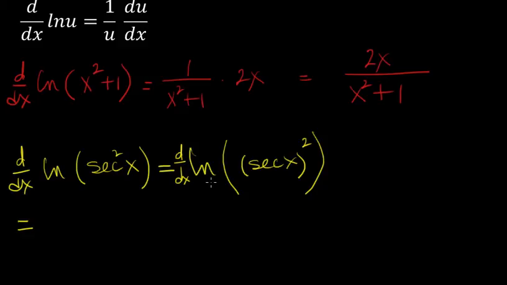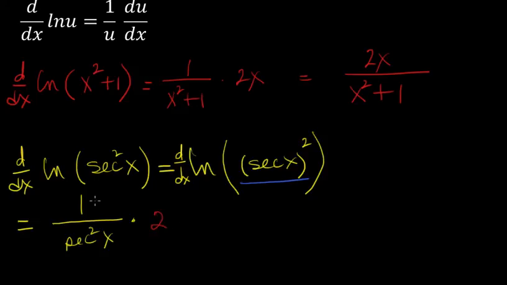The outside function is natural log, so the derivative will be 1 over its argument. So it's going to be 1 over the secant of x squared. I'll write 1 over secant squared x times. Now I want to multiply that by the derivative of this function, which will be, well, it's secant x squared.